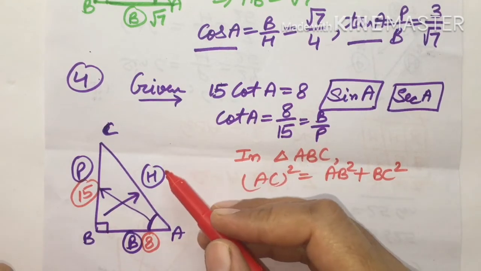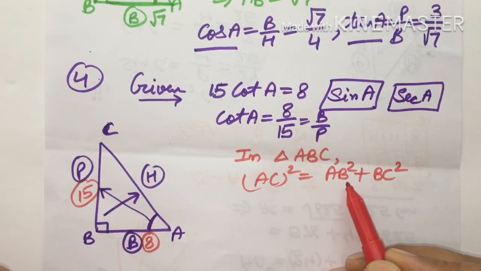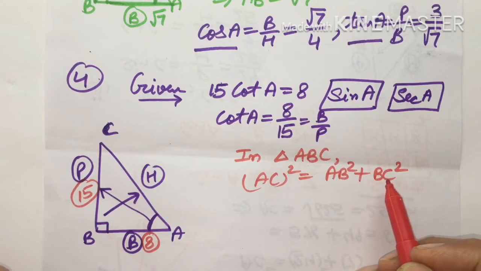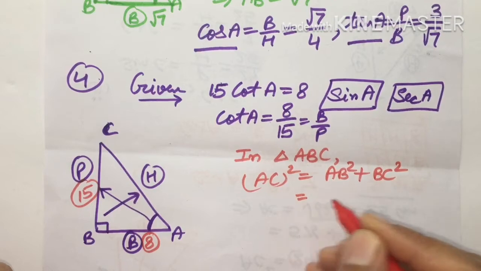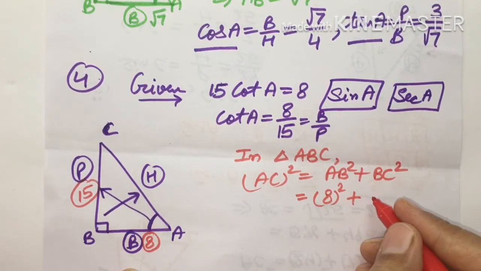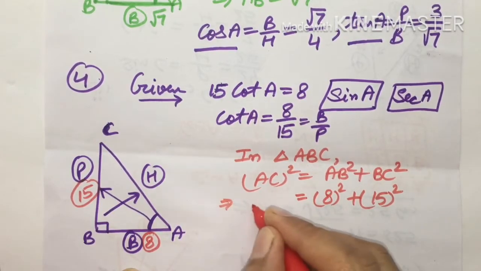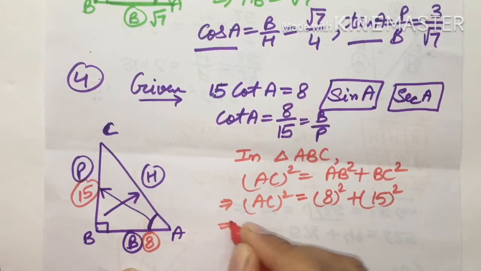So we don't know the third side. We will use the Pythagoras theorem. AC square is equal to AB square plus BC square. AB is 8, square of that, and BC is 15, square of 15. This is AC square.